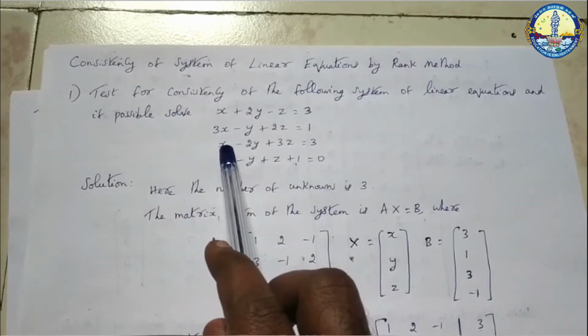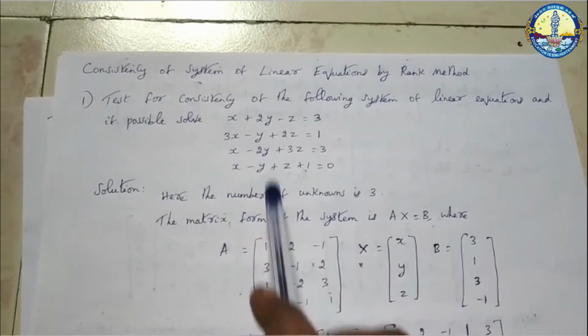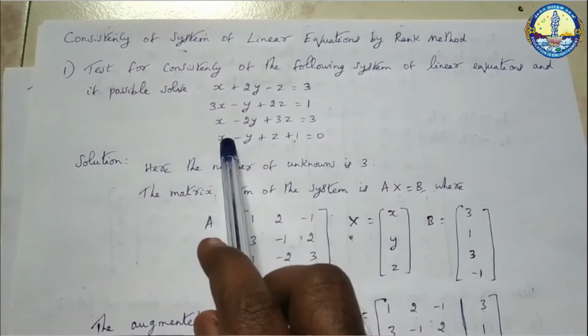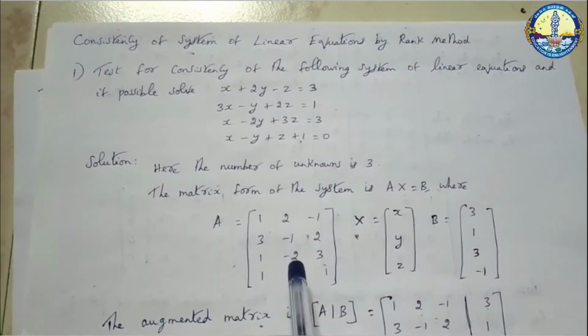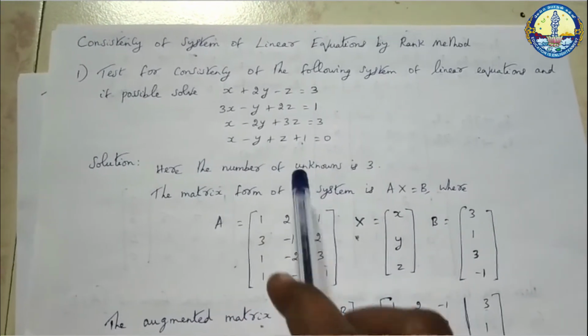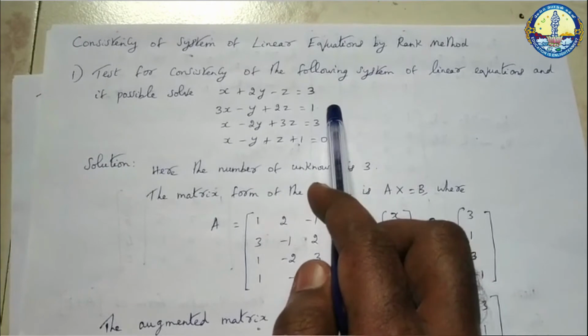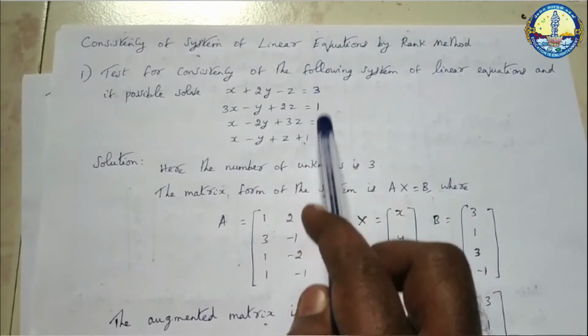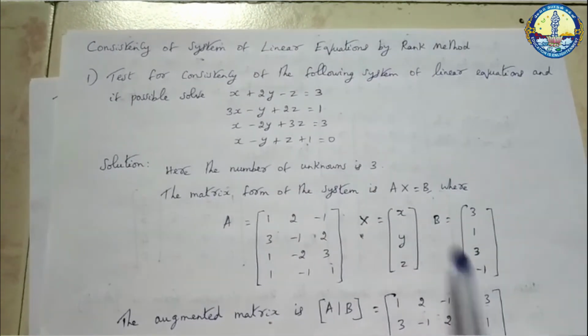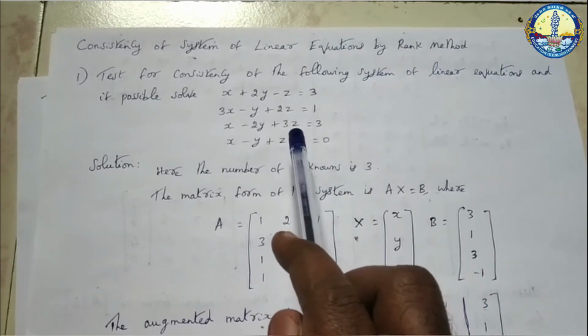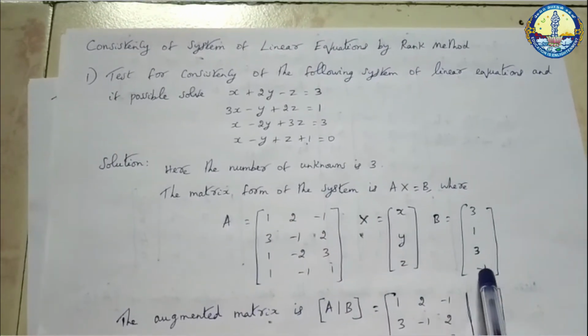Third equation: x is 1, y is minus 2, z is 3. Fourth equation: x is 1, y is minus 1, z is 1. And here plus 1 is there, so we move it to the other side. So B is 3, 1, 3, minus 1. We should not write 0 because 1 is there, so we simply move it to this side and write minus 1.